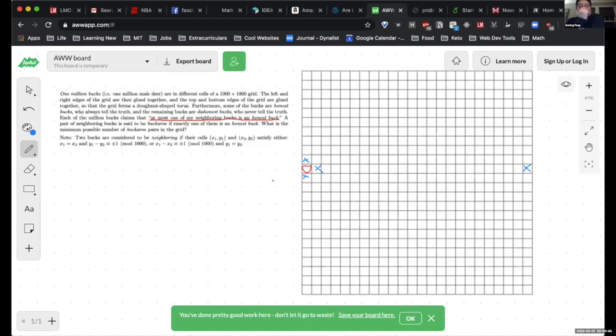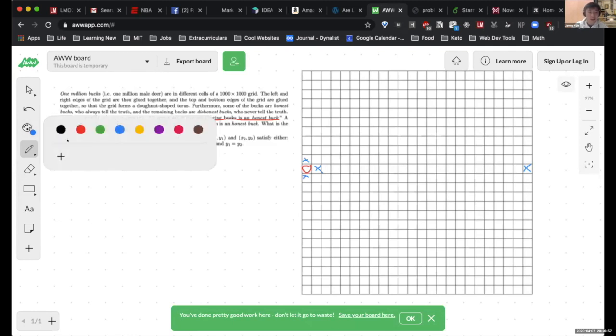So if an honest buck says this sentence, we have to interpret what this means. If an honest buck says this sentence, then this sentence is true. So let's say the cell over here is occupied by an honest buck, which is red. That means at most one of its neighbors is an honest buck, which means we have one of 2 scenarios.